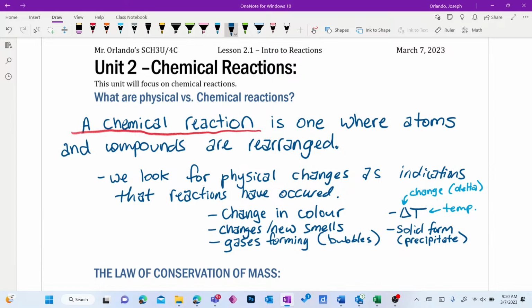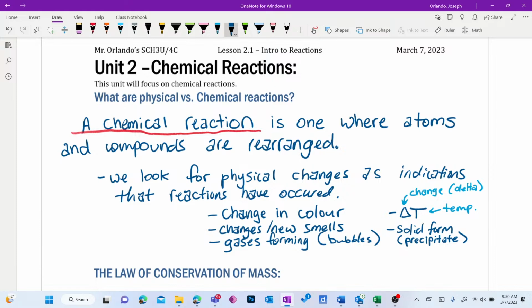If you boil water, it bubbles. That's not actually a chemical reaction. You're just heating water up. If you cool water, it will form ice, which is a solid forming, which again isn't a chemical reaction. It's still just water. So these things don't definitively mean that a reaction is happening. They're indications that a reaction has happened.